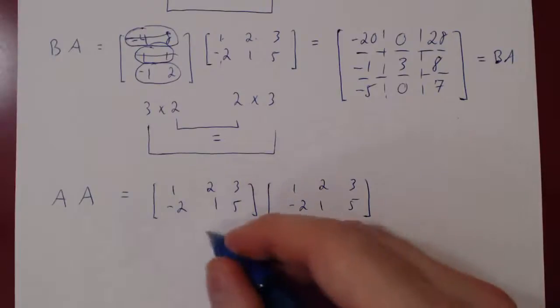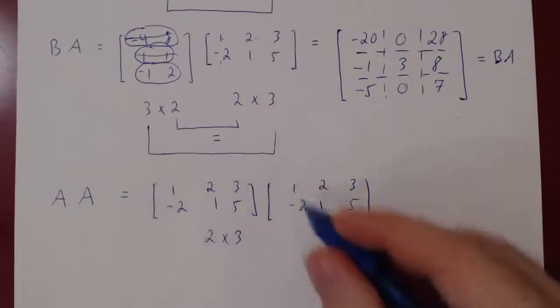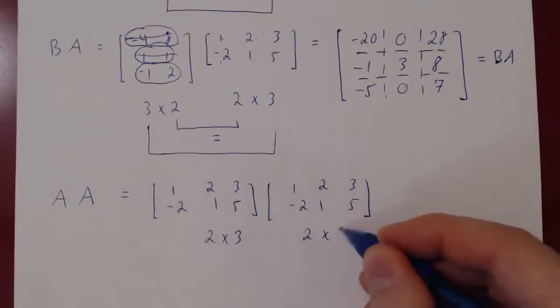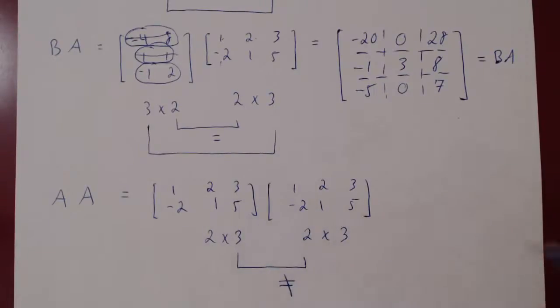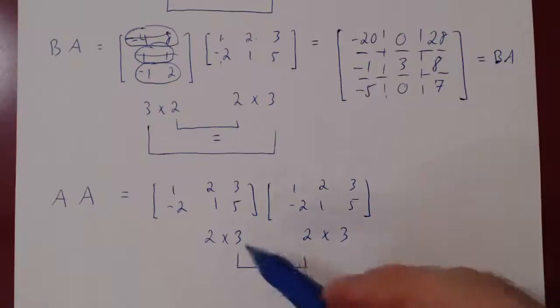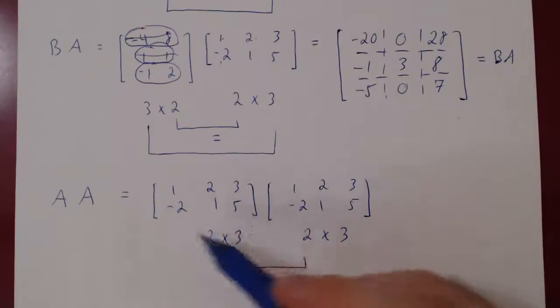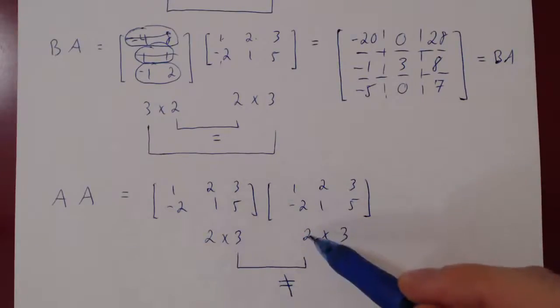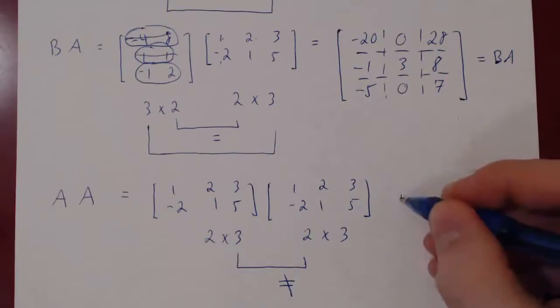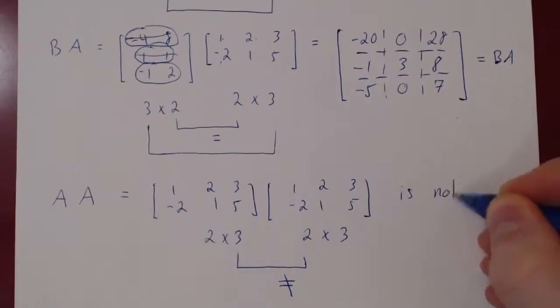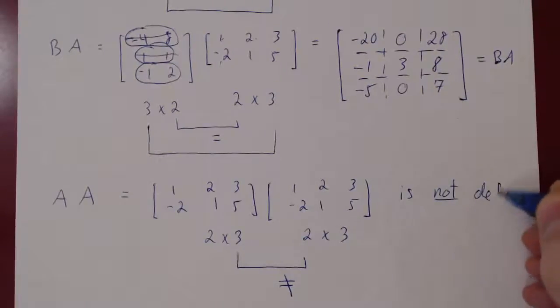A is a 2 by 3 matrix, 2 by 3 matrix, and 3 is not equal to 2. The number of columns of the first matrix is not the number of rows of the second, and so this multiplication of A and A actually does not exist. It is not defined.